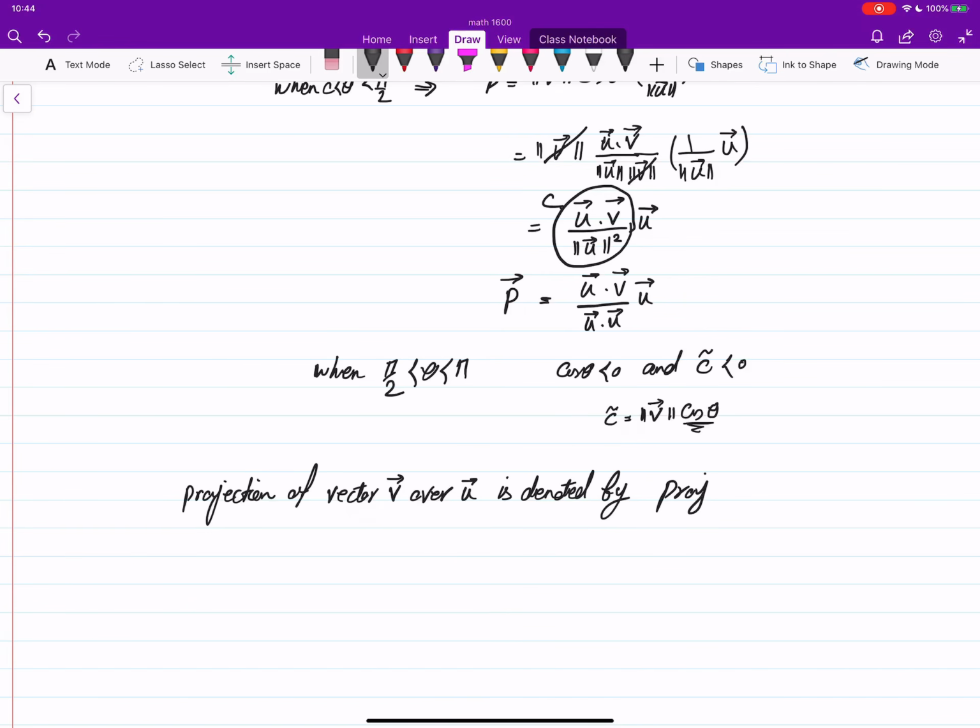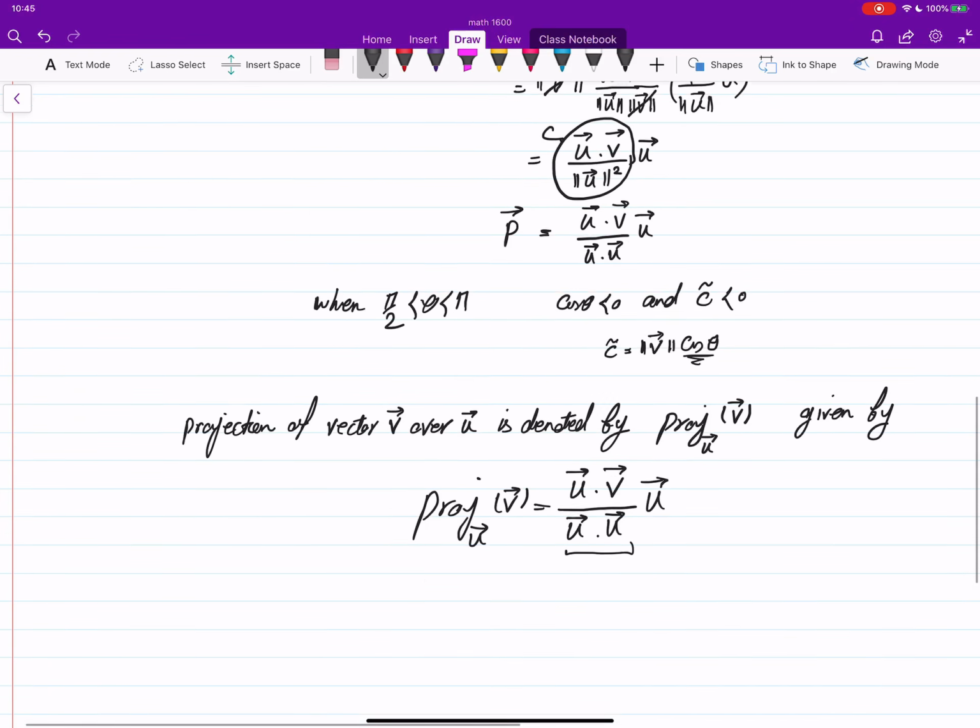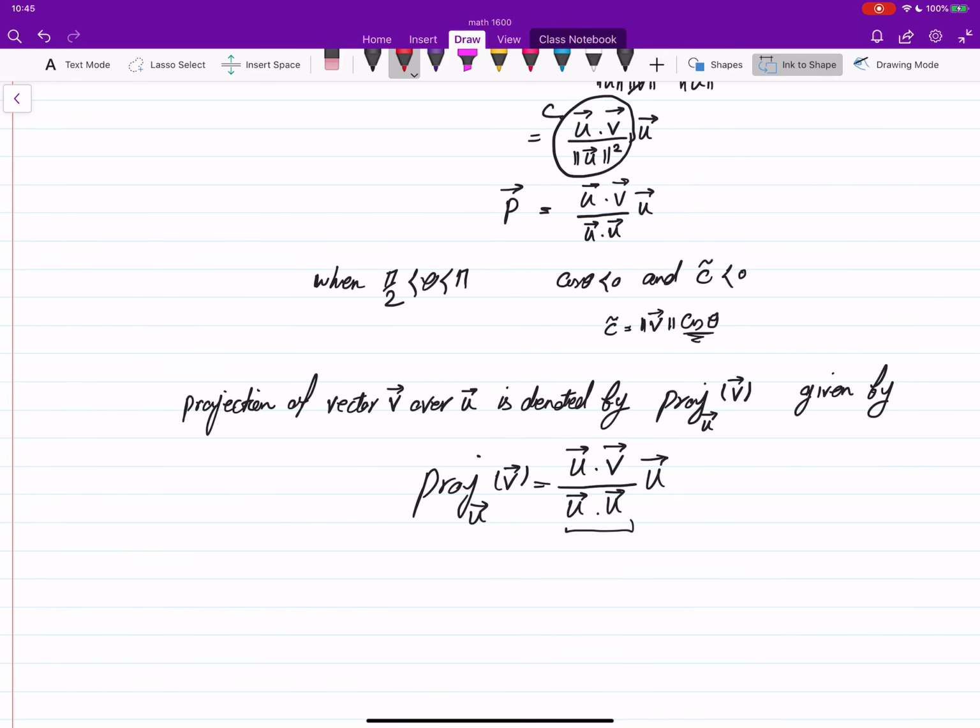The projection of V over U is given by the formula: the projection of V over U is U dot V over U dot U times U. Again, this part is a number, a scalar, times U. That is the formula we need to know, and that's what we will use for projection.